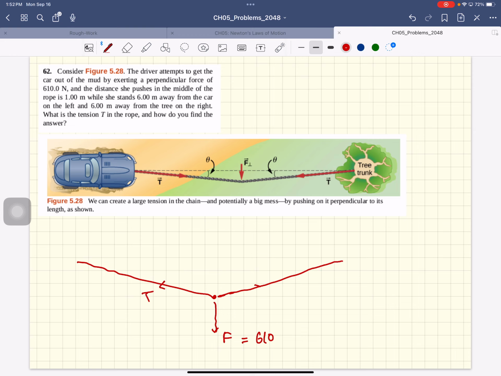And that's the tension, that's the tension. So if you think of that link as being at rest, these are the 3 forces that are keeping the link at rest. The tension in the rope is pulling that link that way, the tension in the rope is pulling that link that way. All right, before we solve this, let's do that.